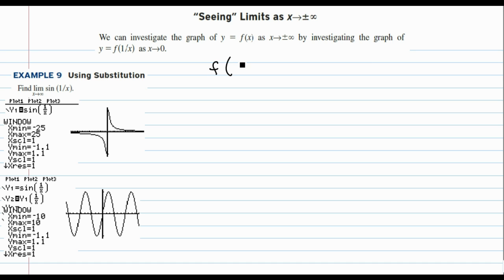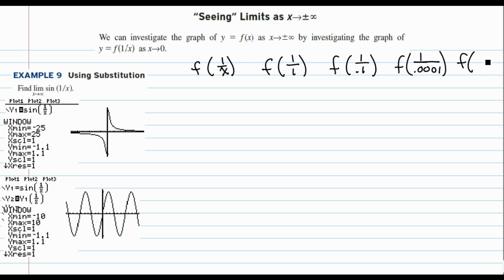If we look at f of 1 over x as x approaches 0, maybe f of 1 over 1, f of 1 over 0.1, f of 1 over 0.0001, etc. If you take 1 and divide by a really tiny number, you're eventually going to be plugging in infinity. So we can look at x approaching infinity, or we can look at x approaching 0 of 1 over x, which is also just another way of showing infinity.